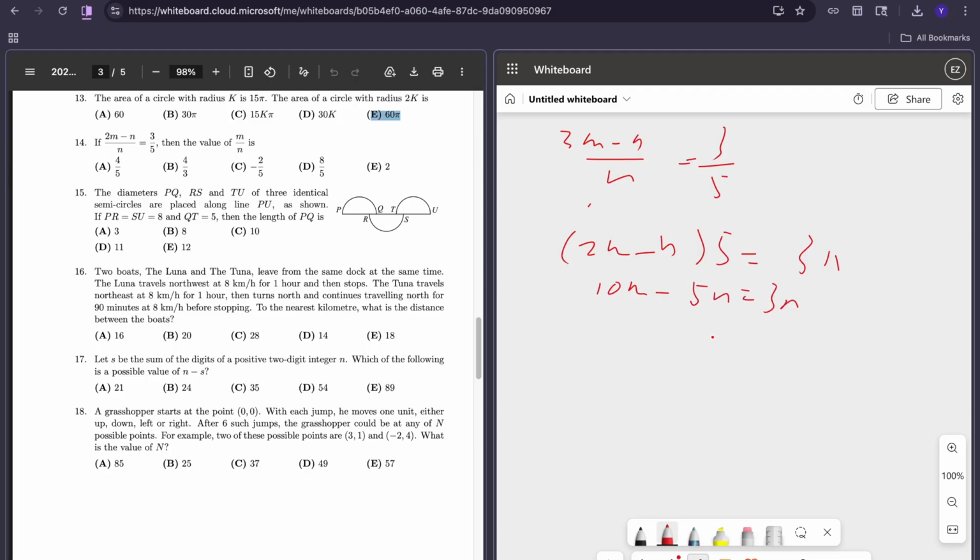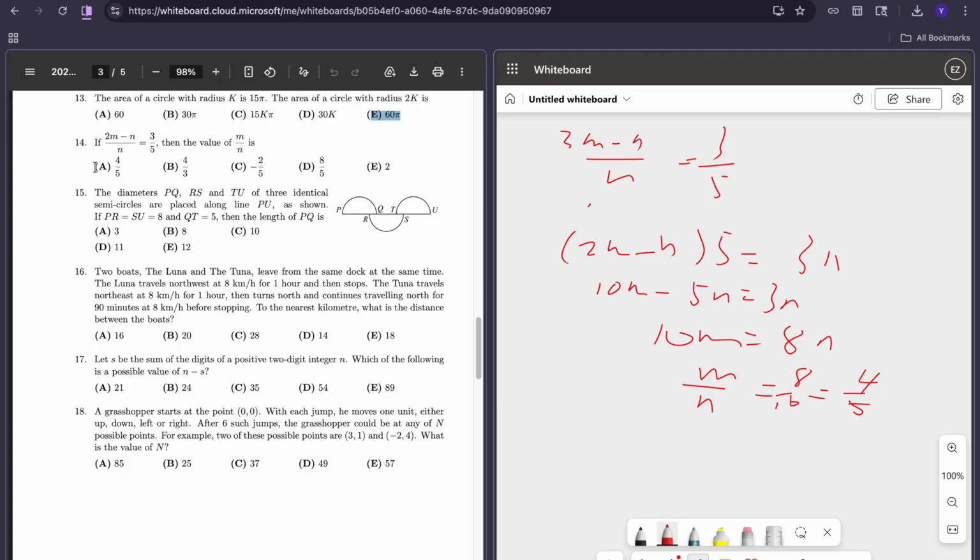Put the n terms on one side, so we get 10m equals 8n. So m over n equals 8 over 10, equal to 4 over 5.